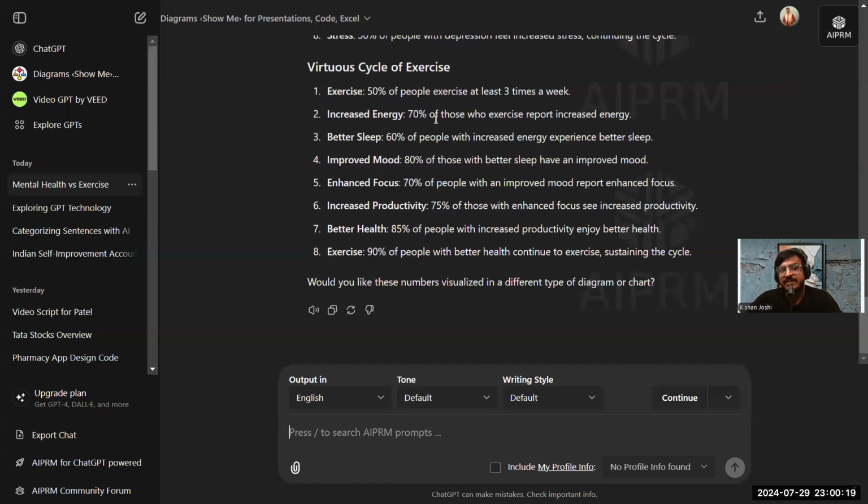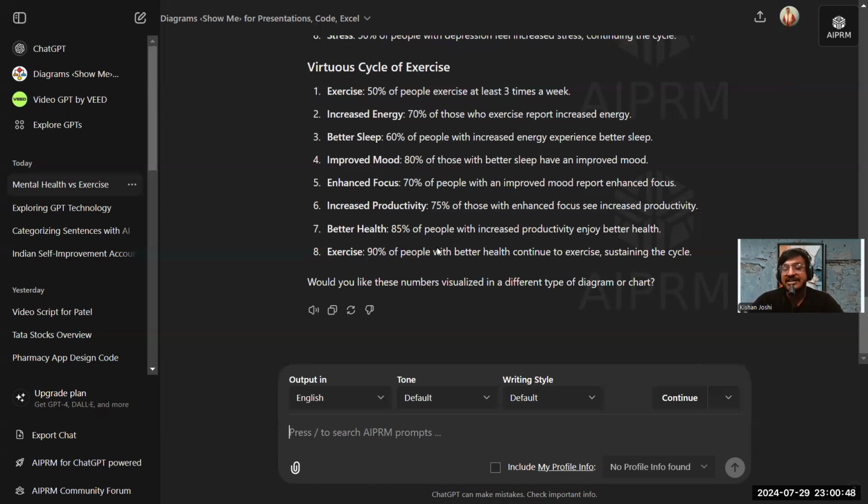Increased energy: 70% of those who exercise report increased energy. 60% of people with increased energy experience better sleep and improved mood. 80% of those with better sleep and improved mood continue. So this is the particular cycle, represented and supported with numbers.